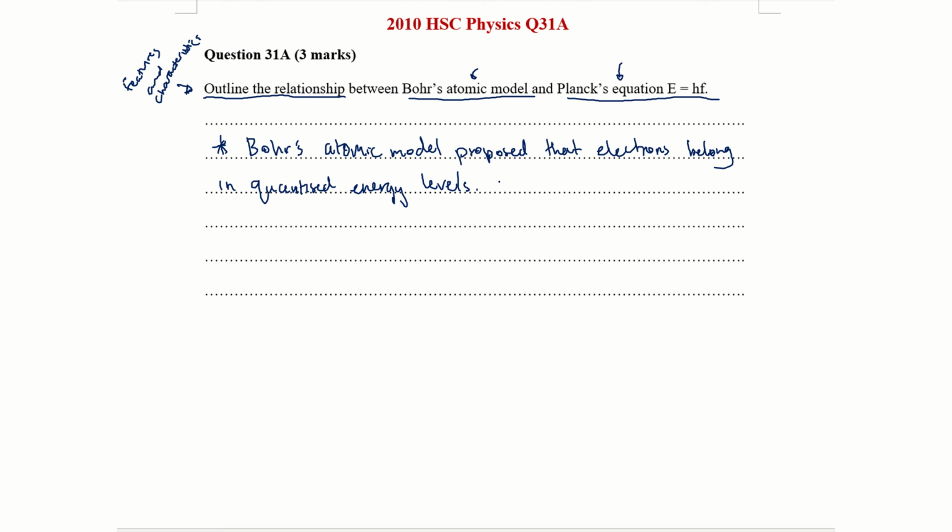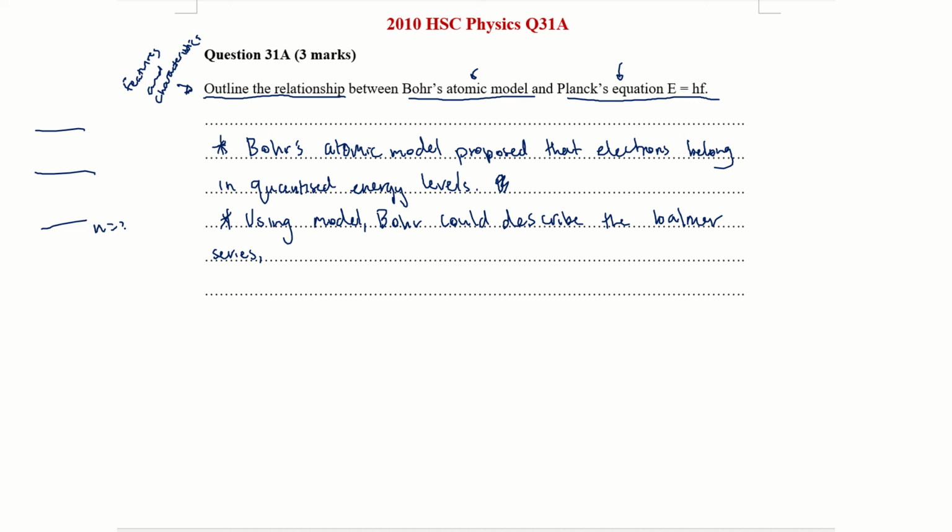And then what we can say is, using this model, Bohr could describe the Balmer series. Now for those who might have forgotten what the Balmer series is, remember that is the emission spectra of hydrogen.